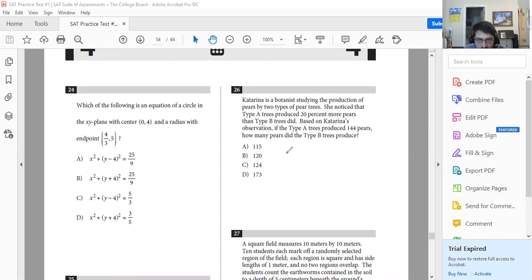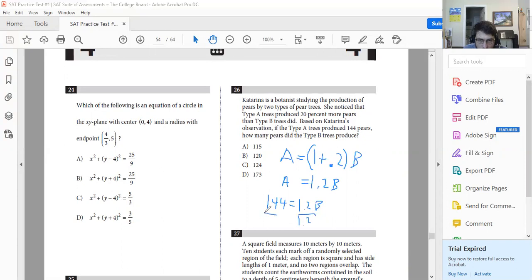So we have A is 20% more than the B. So that's 1 plus 0.2. 20% as a decimal will be 0.2 B. So A equals 1.2 B. And we're told that A produced 144.